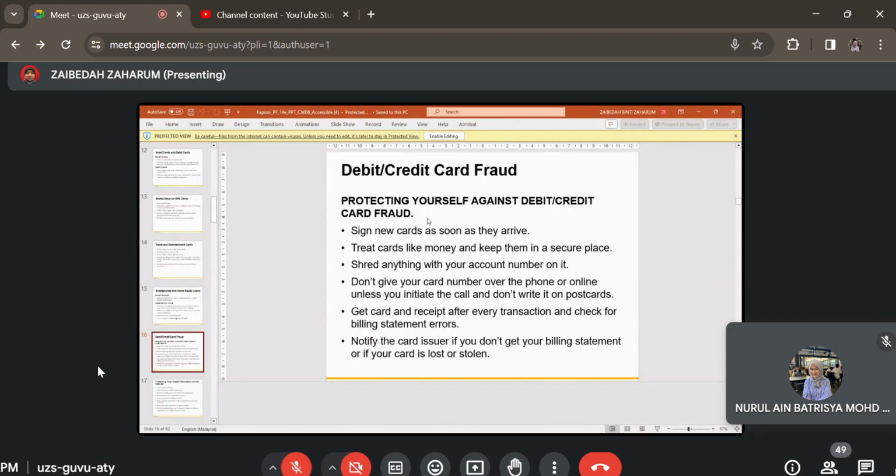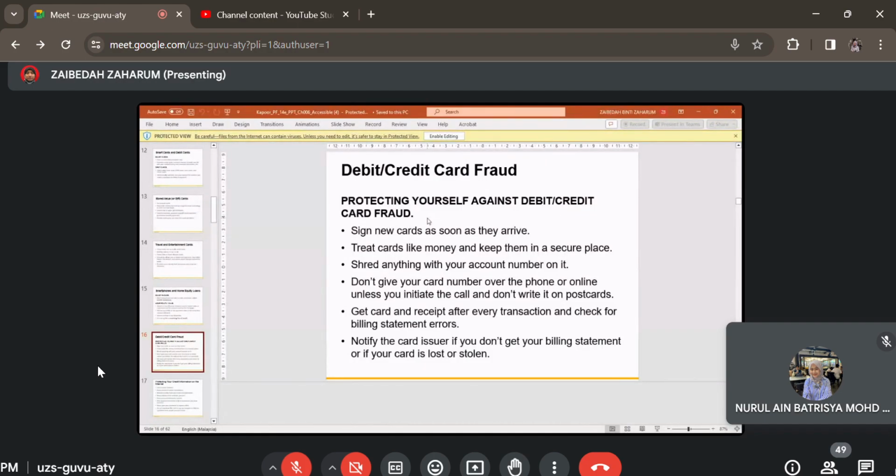Okay. And then shred anything with your account number on it. Whatever statement ke apa-apa pun yang melibatkan account number tadi, you have to shred it. Okay. And then don't give your card number over the phone or online unless you initiate the call, and don't write it on postcard. Okay. Get card and receipt after every transaction and check for billing statement error.